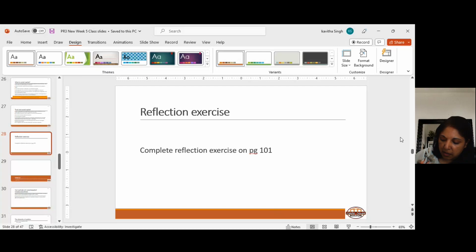Secondly, there are 3 reflection exercises that I've given you. All 3 must be done, okay? What I need is for at least the first and the second one to be submitted tomorrow by at least lunchtime. So tomorrow is Wednesday. So do this.